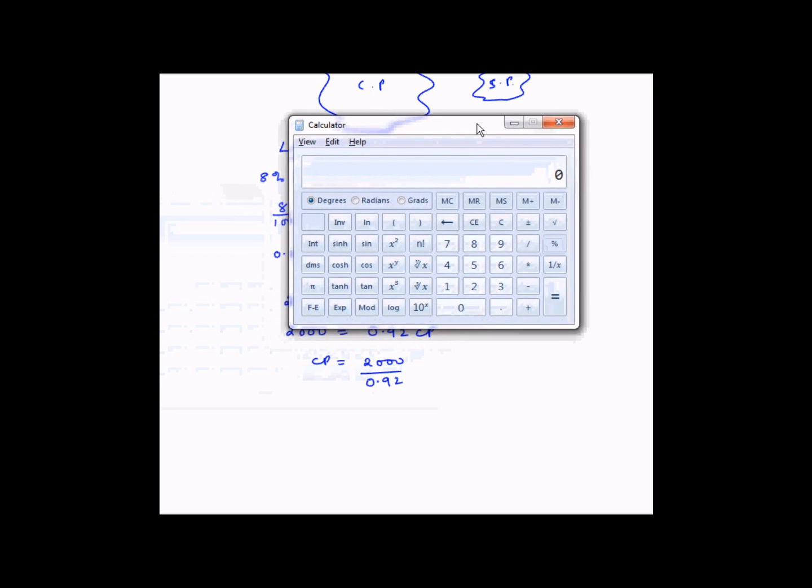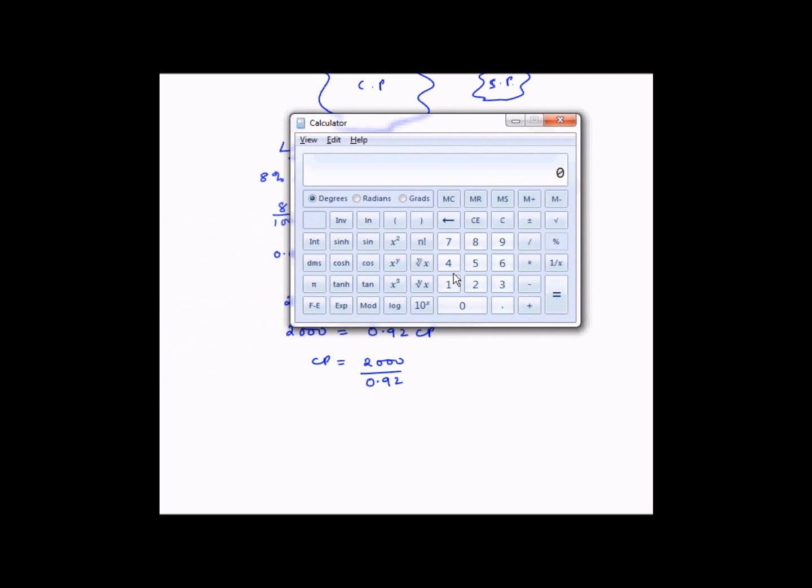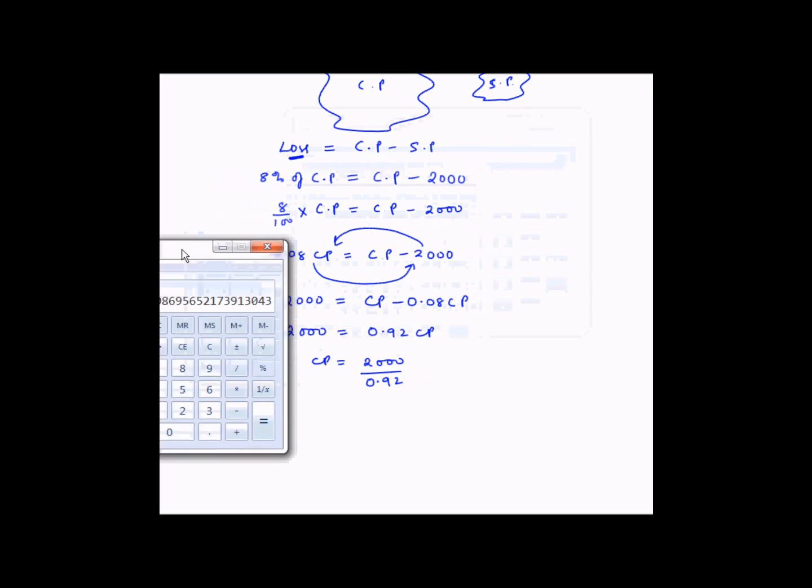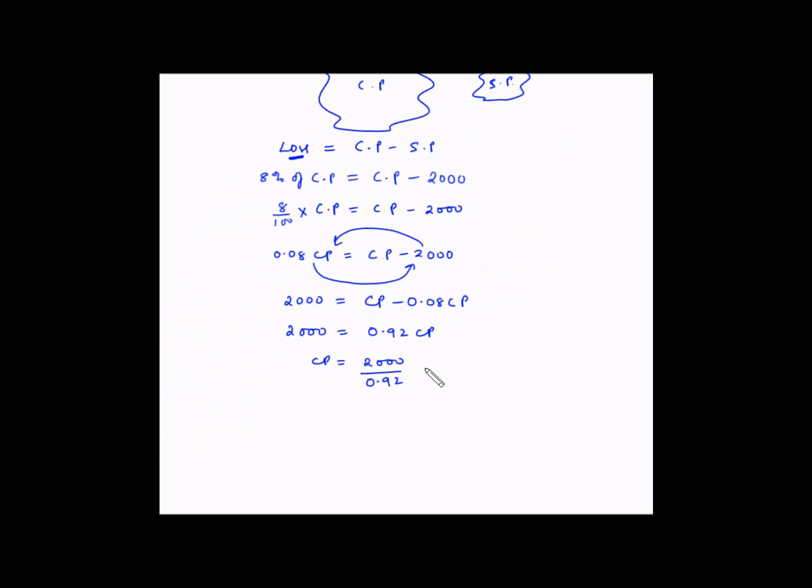So let me pull my calculator. So 2000 divided by 0.92, which is equal to 2173.91. So the cost price is equal to 2173.91. So this is our cost price.